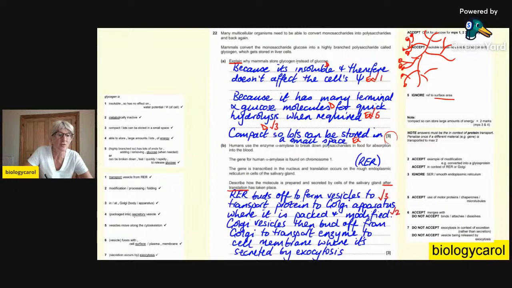I didn't notice here, mark point 4 was for naming the other type of vesicle that you might have come across, which is a secretory vesicle, one which is carrying something to the outside of the cell, so that the vesicle fuses with the cell membrane and the contents are pushed out of the cell or removed from the cell. Exocytosis. I didn't use that word, so in the end I got 3 marks for the 3-mark question.